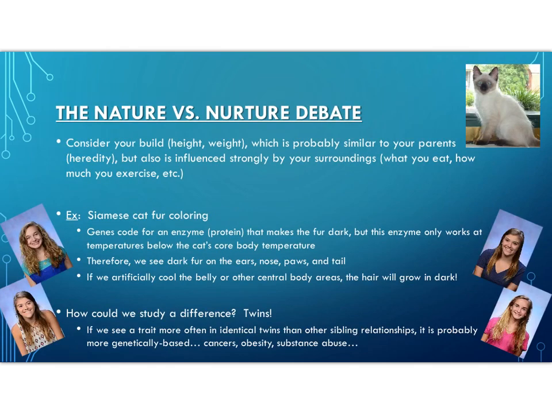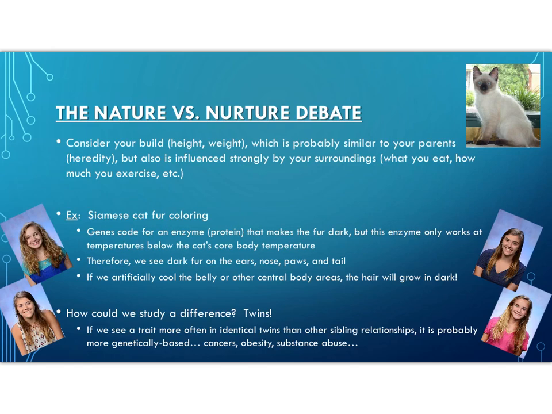Now, a lot of times, particularly in psychology, they call this the nature versus nurture debate. And the question becomes, when we look at a trait in a person or an organism, how much of that trait is because of the genes their cells are carrying, and how much of that trait has more to do with maybe environmental factors or things like that?